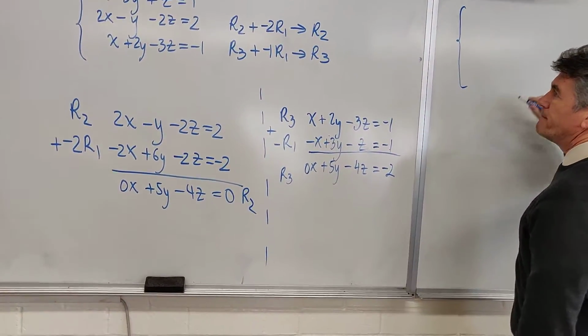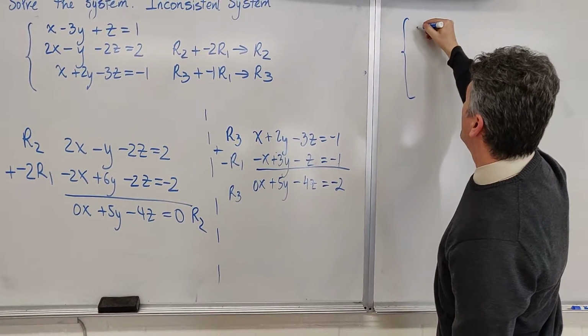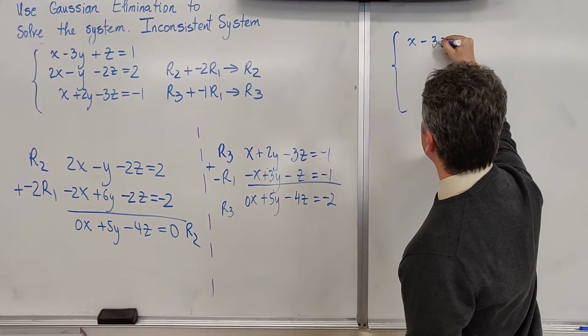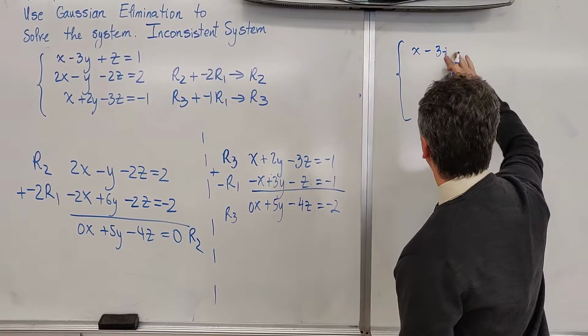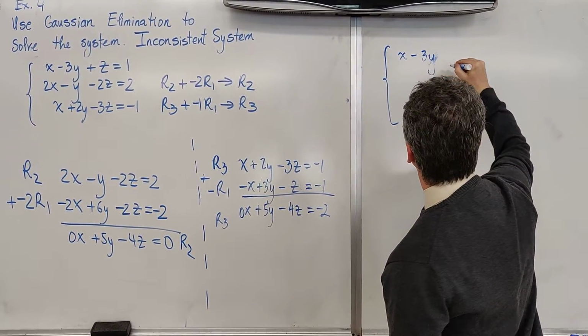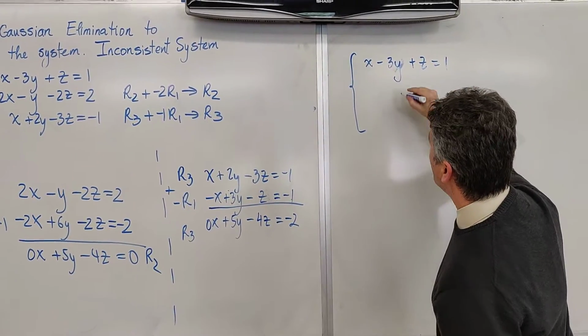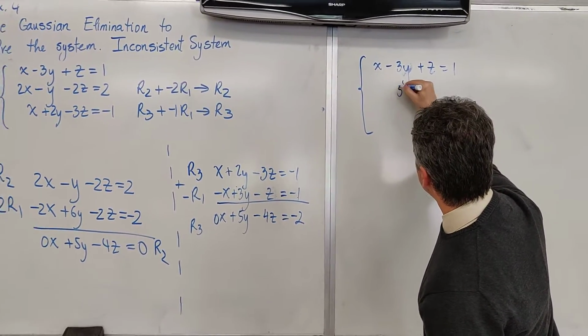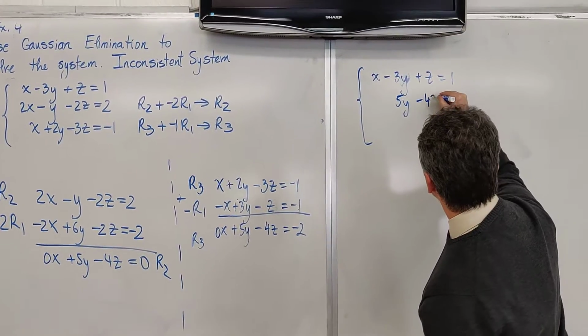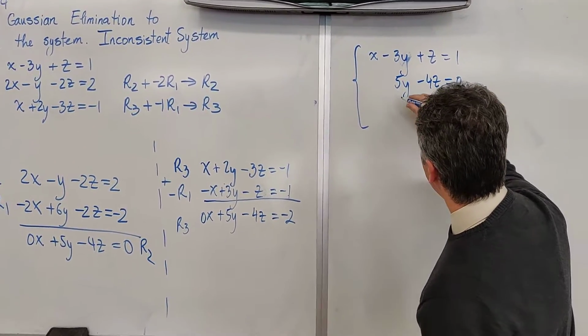Let's rewrite. We have x minus 3y plus z is equal to 1. 5y minus 4z is equal to 0.